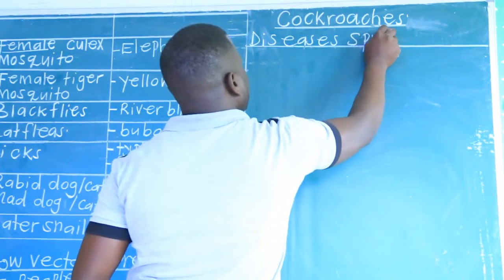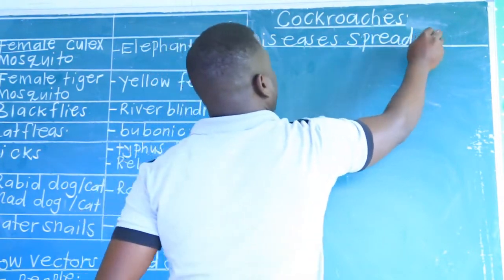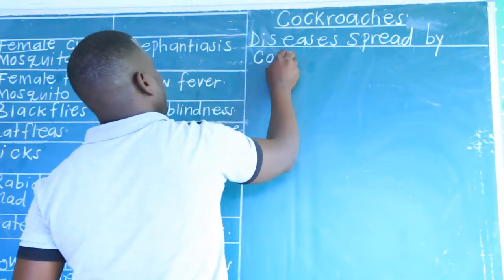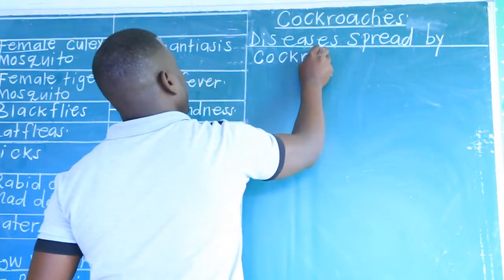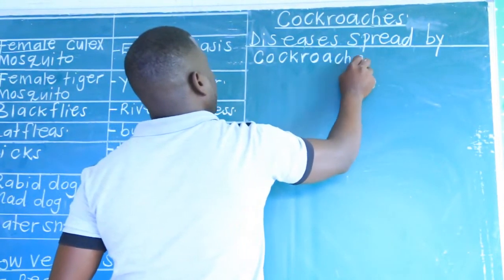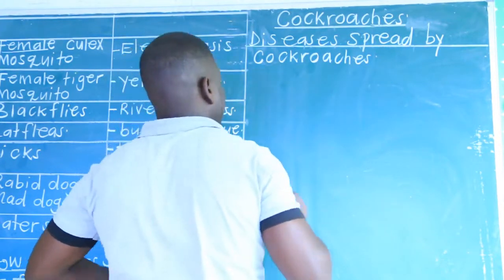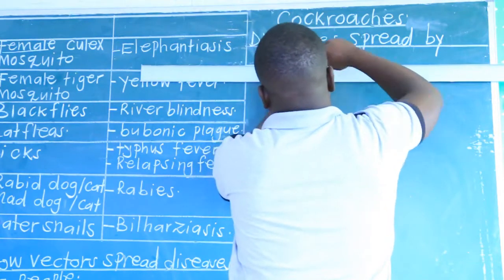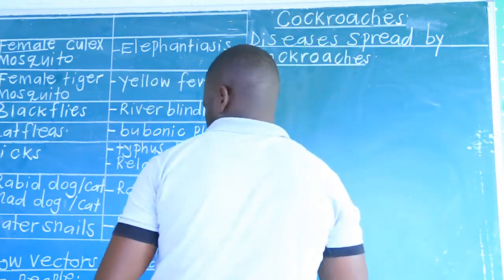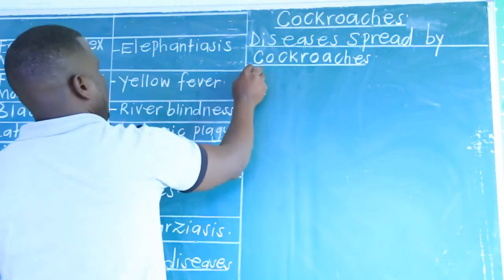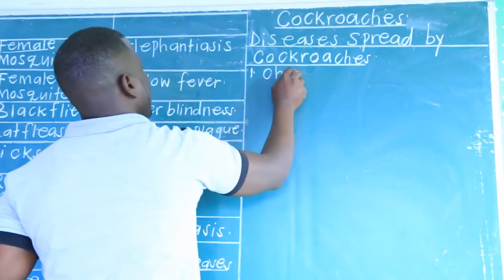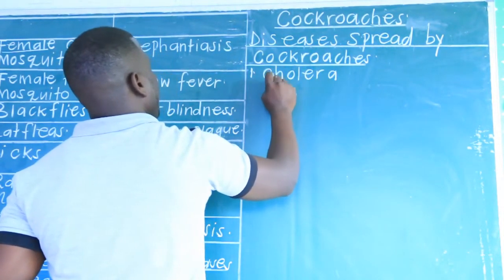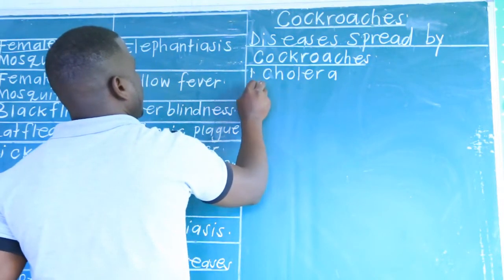Diseases spread by cockroaches. One, we have cholera.